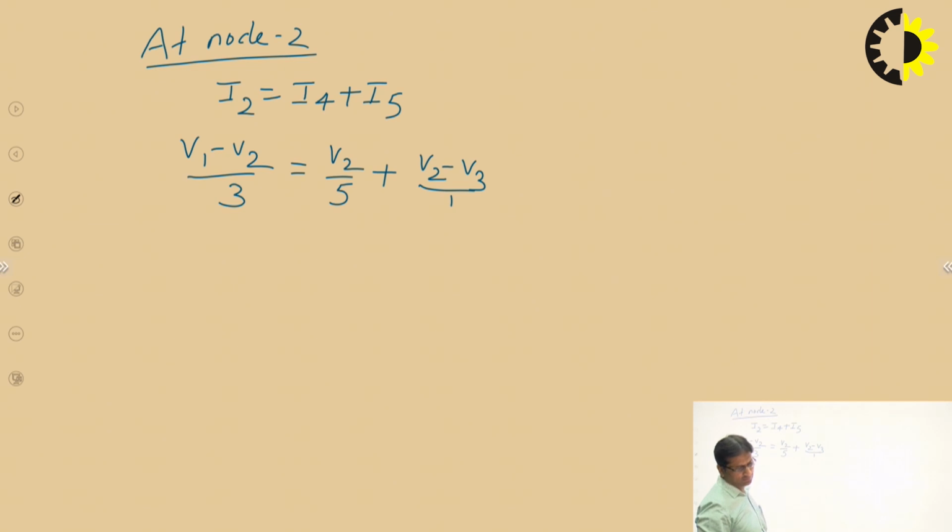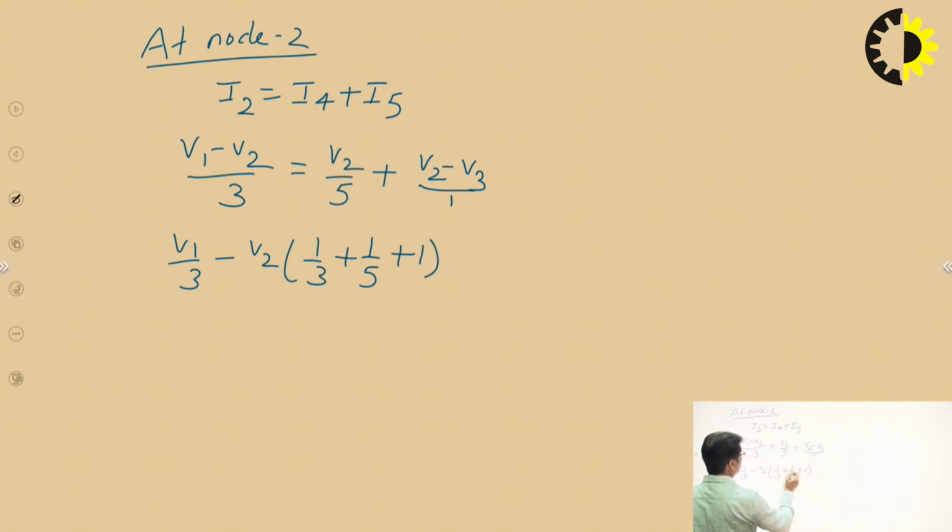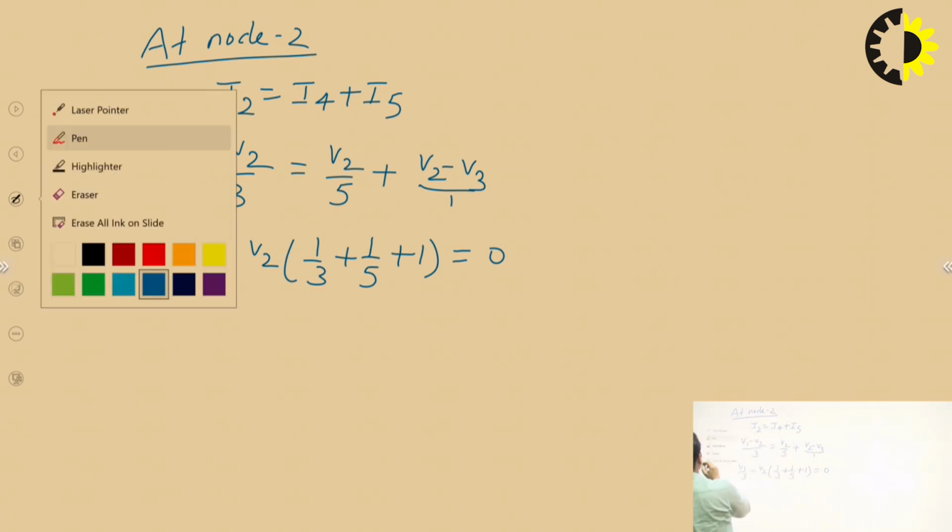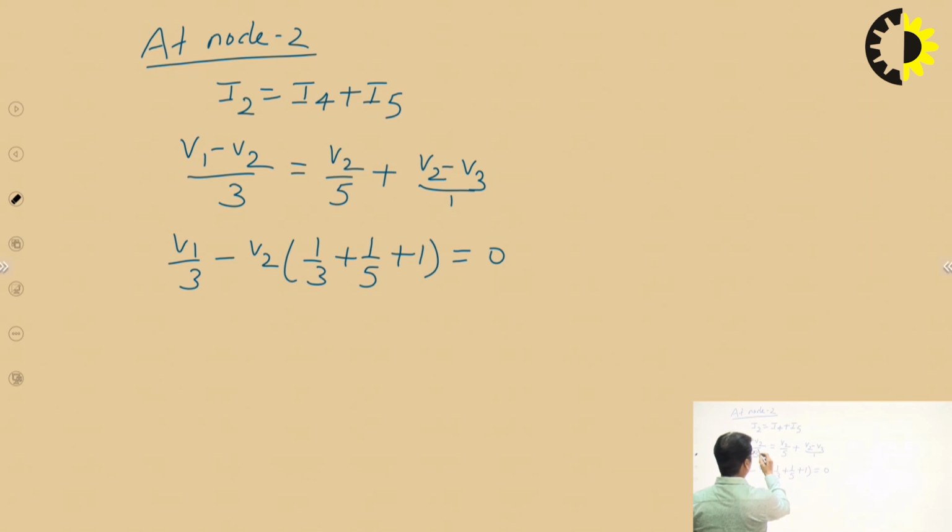Now on solving this equation, that is V1 upon 3 minus V2 (1 by 3 plus 1 by 5 plus 1), and V3 is also there, minus V3 equal to 0.